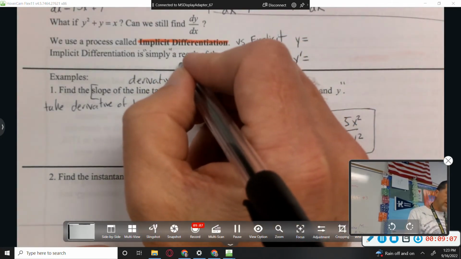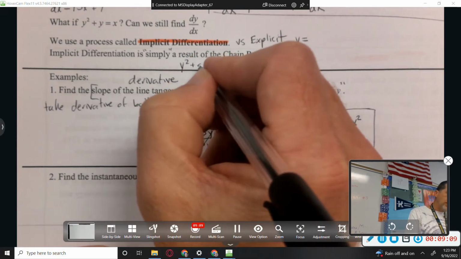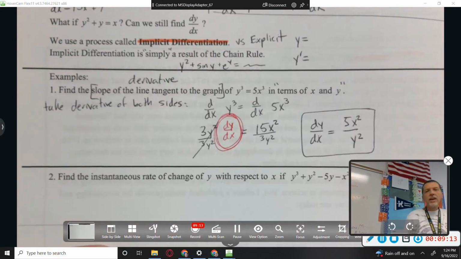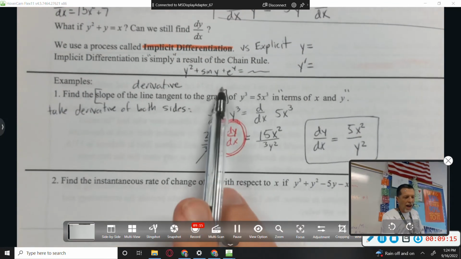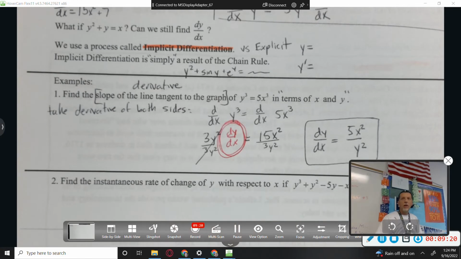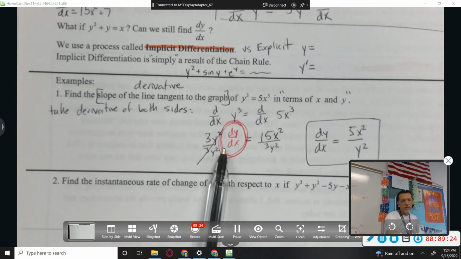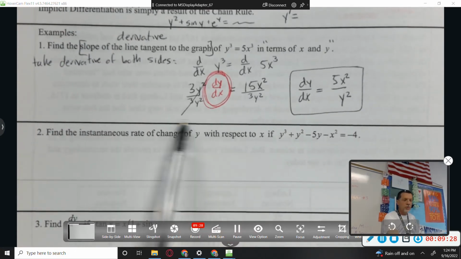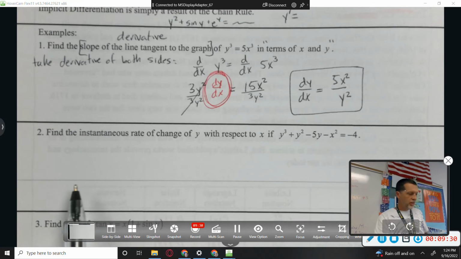You've got y squared plus sine of y plus e to the y equals something. And so you've got y not explicit, it's implicit. All the rules are the same, it's just that if y shows up, dy dx has got to show up as well. So hopefully you know all the rules, because we're going to keep using all of those rules.